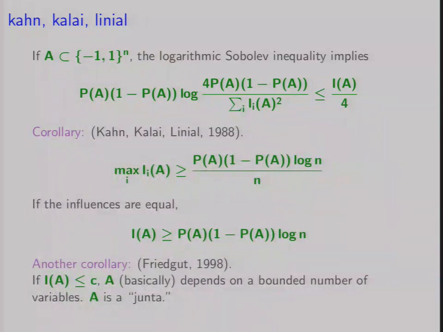In particular, if we have a set which is a democratic set in the sense that everybody has the same influence, this is a very weak symmetry assumption, then this implies that the total influence is greater than log n. So for all functions that are symmetric in this very weak sense, the influence is at least log n.